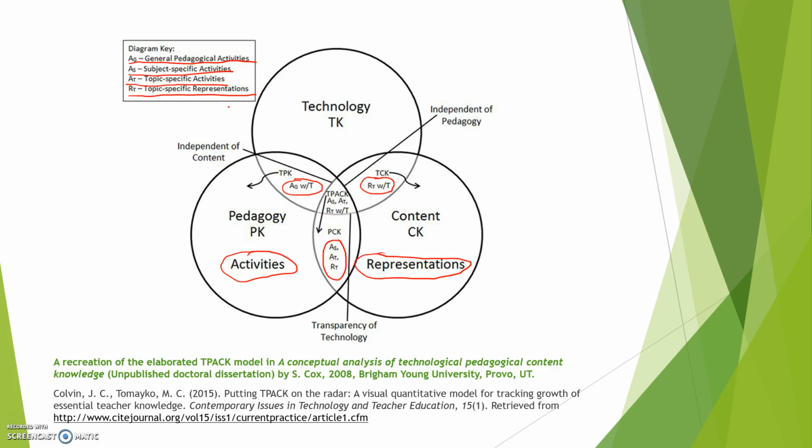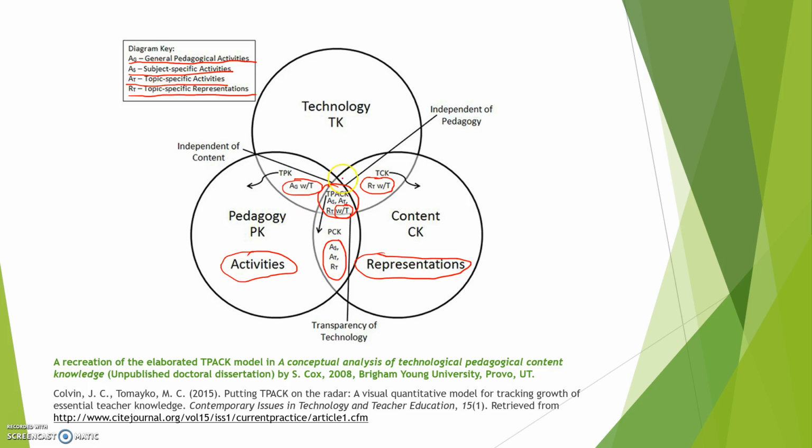So anytime a teacher is doing an activity that's subject-specific or topic-specific, or providing a topic-specific representation, that's contributing to their demonstration of pedagogical content knowledge. And over here in TPACK, technological, pedagogical, and content knowledge, we see the same three things that we see in PCK, except we have this addition with T, with technology. So doing those activities incorporating technology leads to a demonstration of a teacher's TPACK knowledge.